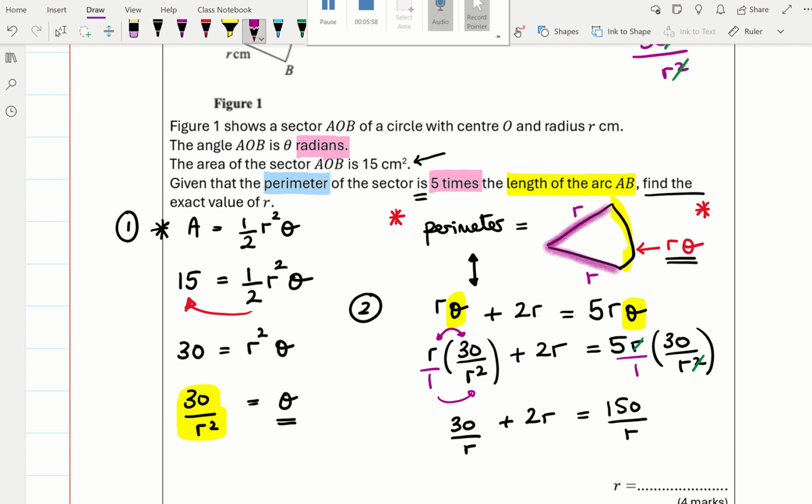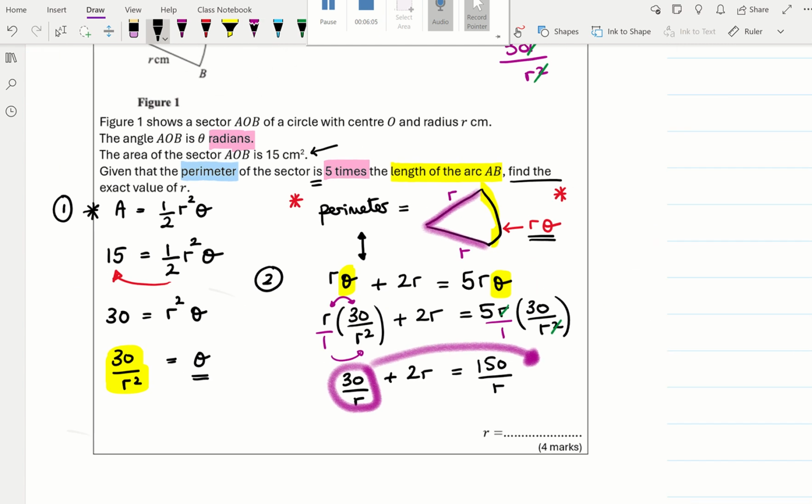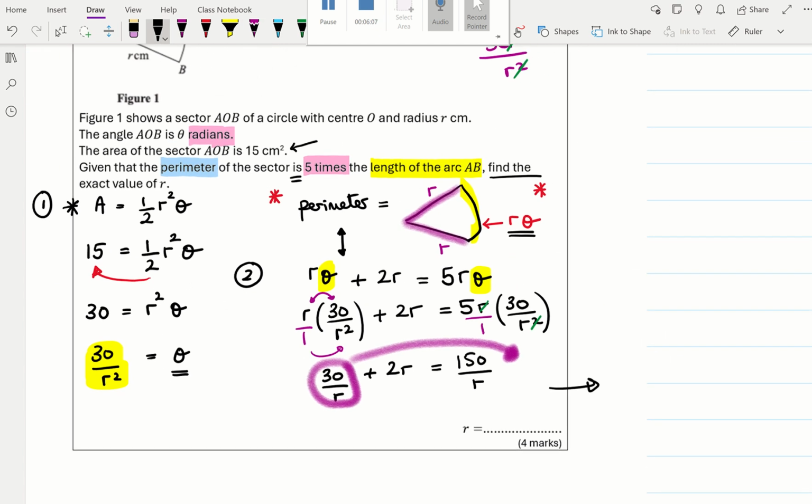And what you can do now is move this fraction to the other side by subtraction. So now I have 2r equals 150 over r minus 30 over r. And because they have a common denominator, all you need to do is do the subtraction at the top. So this is 2r equals 120 over r.